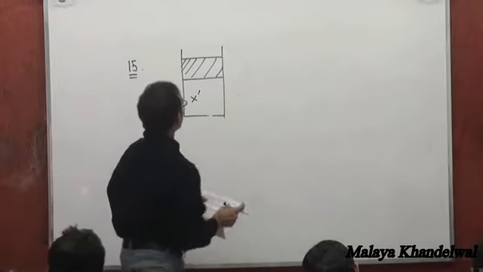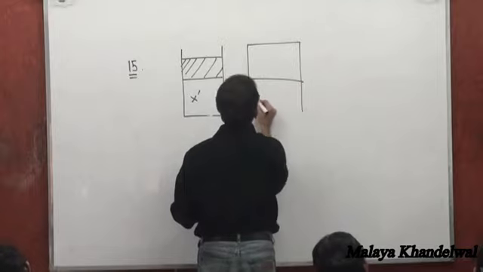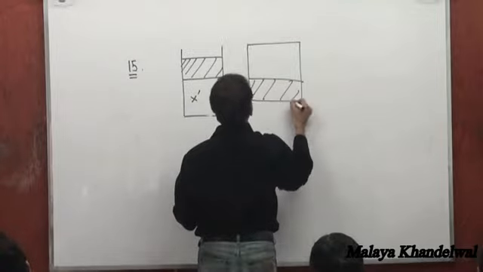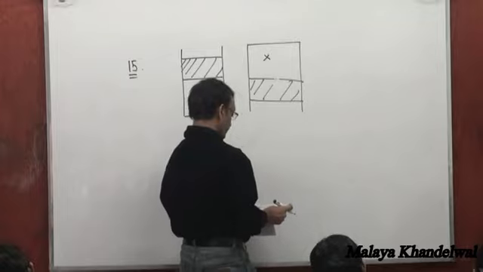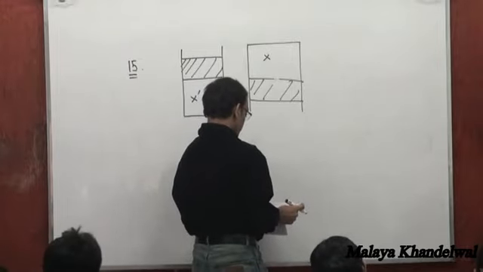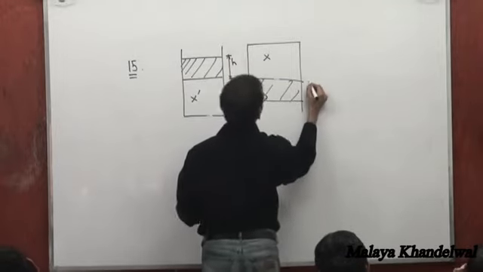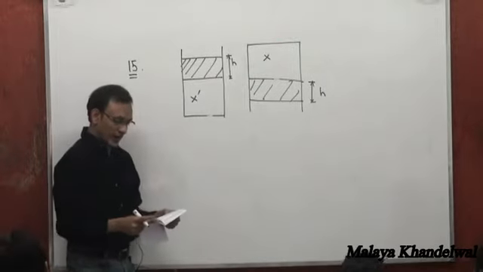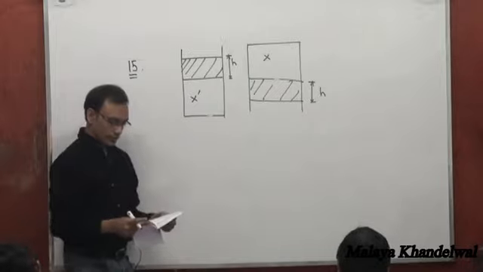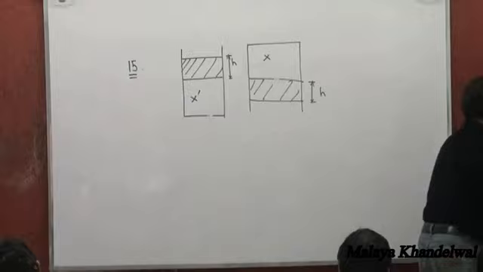With the closed end uppermost, it occupies a length x millimeters. The length of the mercury column is h. We want to solve for the atmospheric pressure in, say, millimeters of mercury.